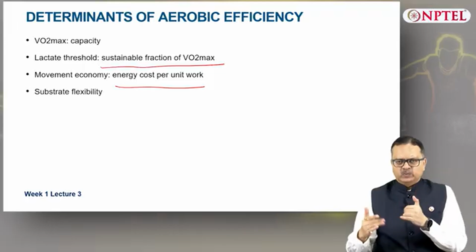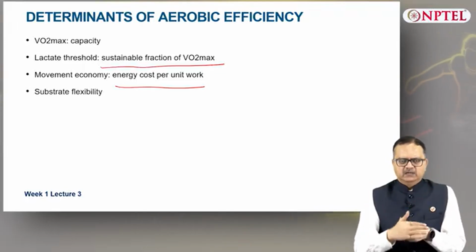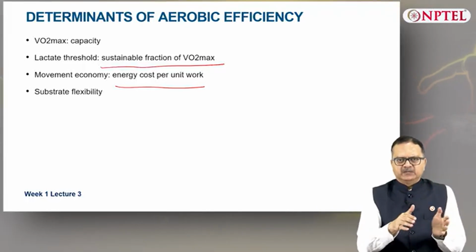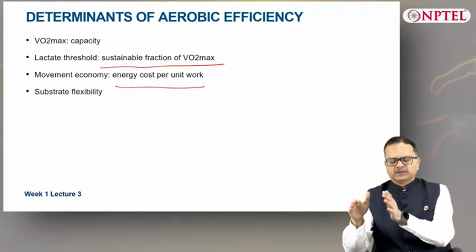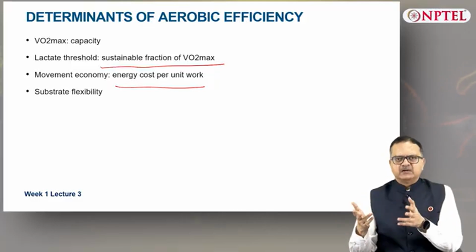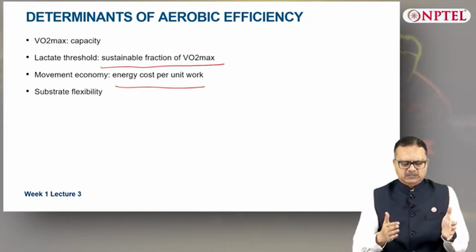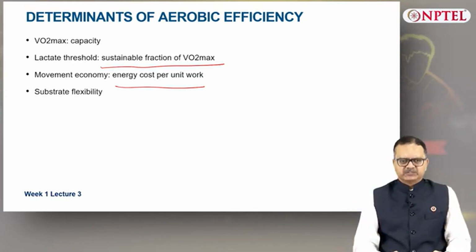Towards the end of the race, when I start to sprint to finish the race, my body will switch from fat burning back to carbohydrate burning. And more importantly, because I'm sprinting, this carbohydrate will be from the glycogen stores. This is what is called substrate flexibility.